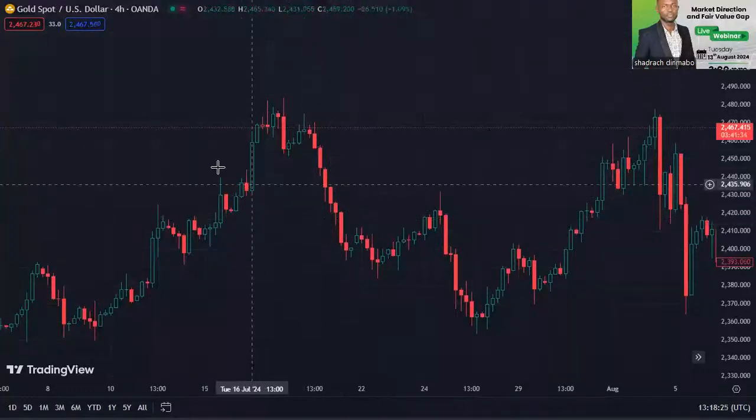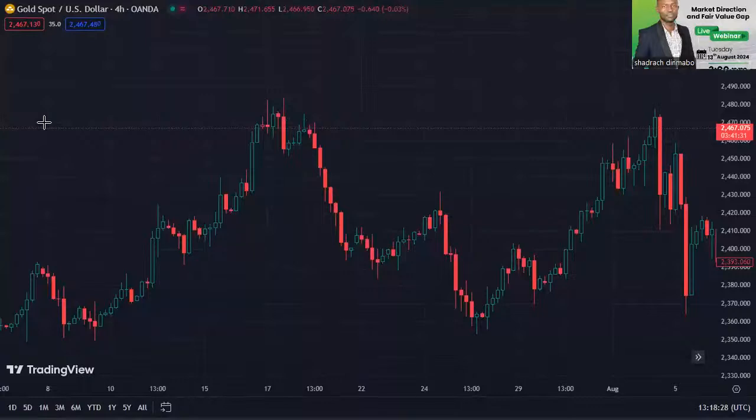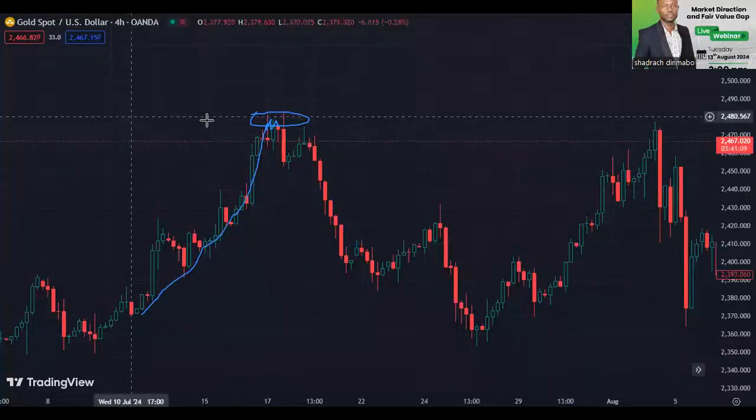You will see, guys, that from here, which is where we spotted our sharp edge, the market has been rallying in a buy direction. Let me expand it further so that it becomes very clear.